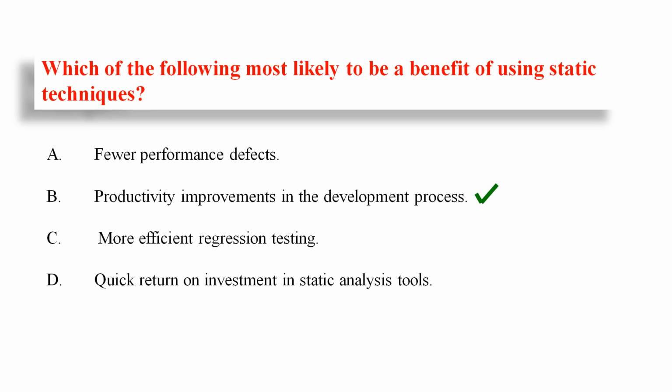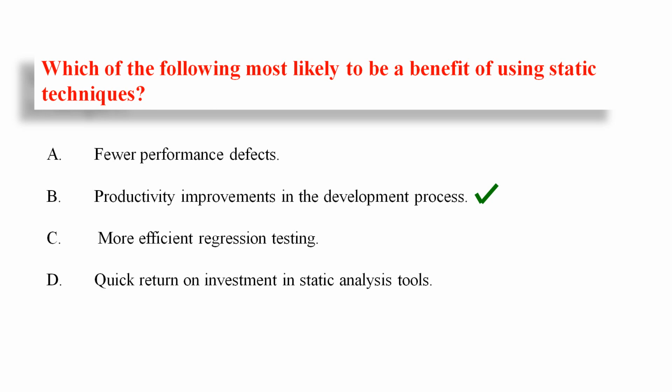How is it possible? Because during static testing, for example the review process, you will find defects in the document and defects in the code. If defects are found in the document at an early stage of the project, those defects will be resolved and removed from the document, which will make the development process easier.